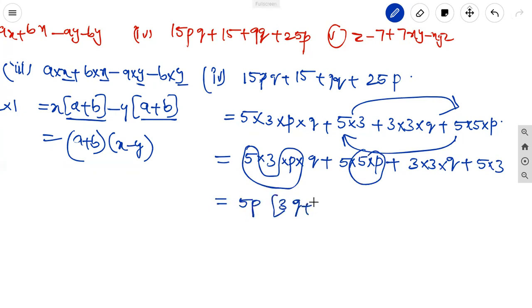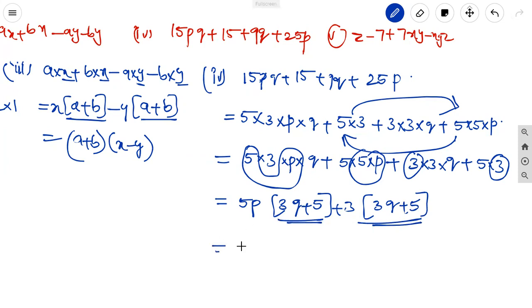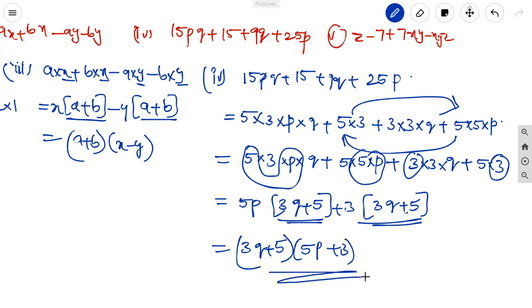Remaining are 3q plus 5. Here 3 is common. Then plus 3 into (3q plus 5). So what is the common factor? 3q plus 5 is common. Then 5p plus 3. You observe it and you can see how the terms are interchanged.